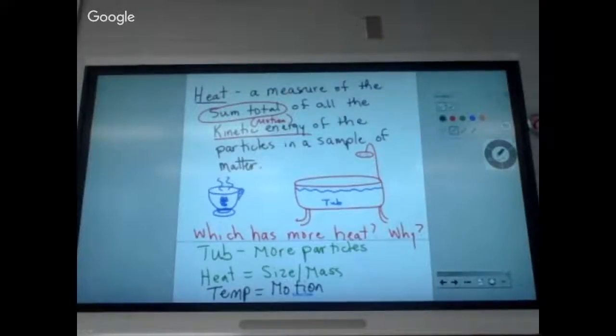Okay? It doesn't matter. I have more particles than Annabelle has. My heat will be greater than Annabelle's. Now, her temperature will be larger than mine because she will have more what? She will have more motion. Motion is about temperature. Heat is about size.